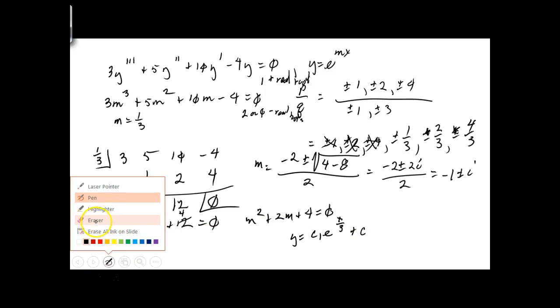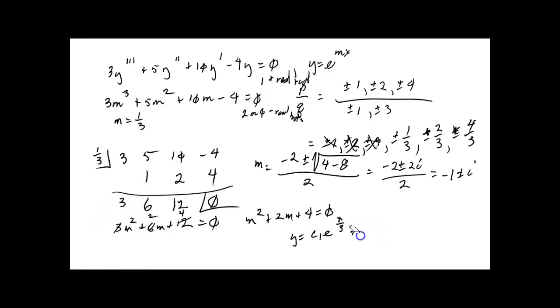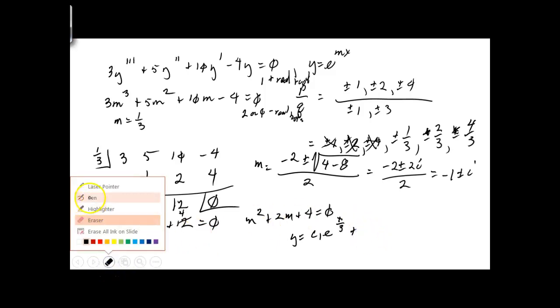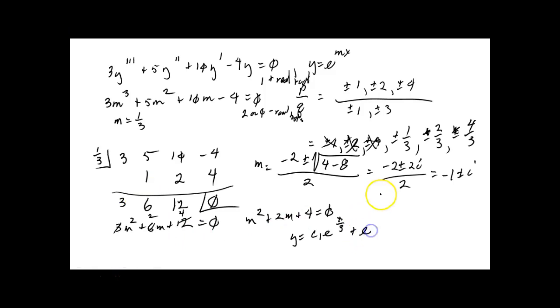I started to write my C and I realized, no, I don't need the C. I need my E. And that's going to be e to the -x times C2 cosine x plus C3 sine x. There you have it. There is your general solution for that differential equation.